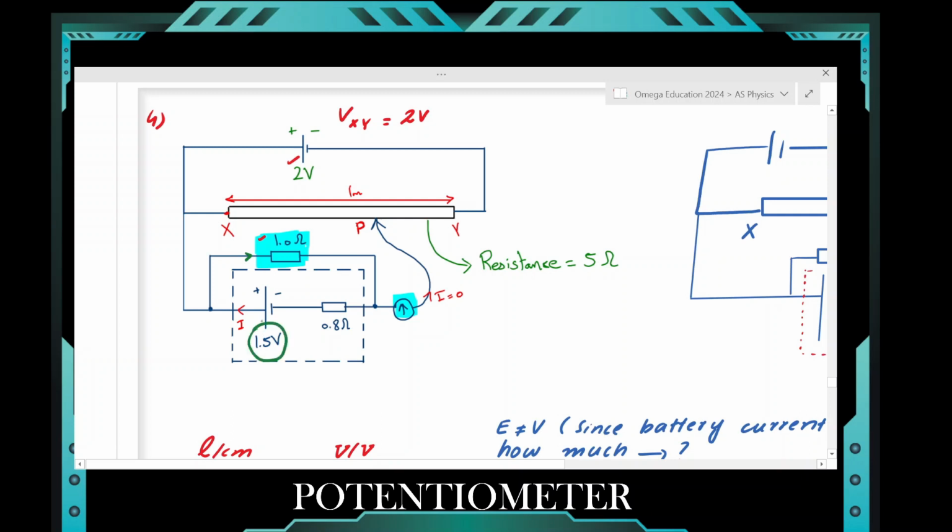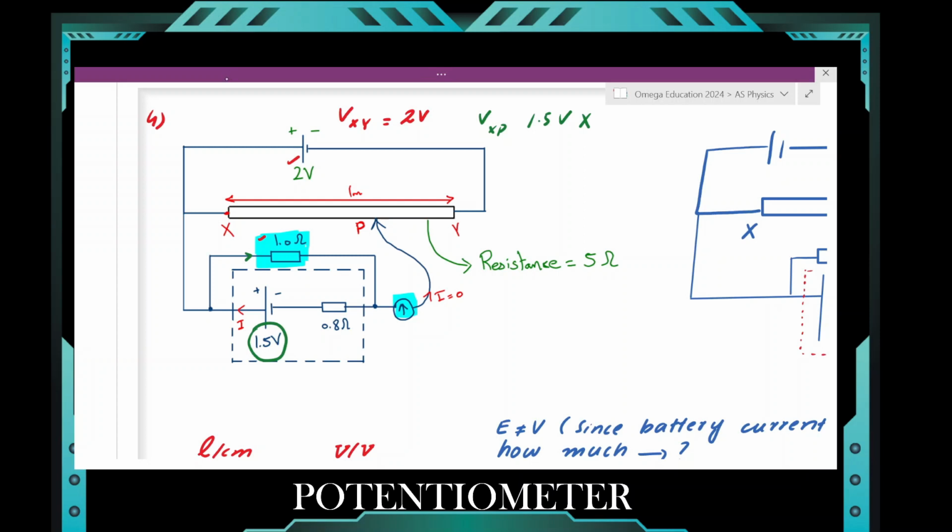all of the 1.5 volt would not be provided against XP. So VXP is not equal to 1.5 volts, unlike example 1, example 2, and example 3. This time around, it won't be 1.5 volt. There would be some voltage drop.